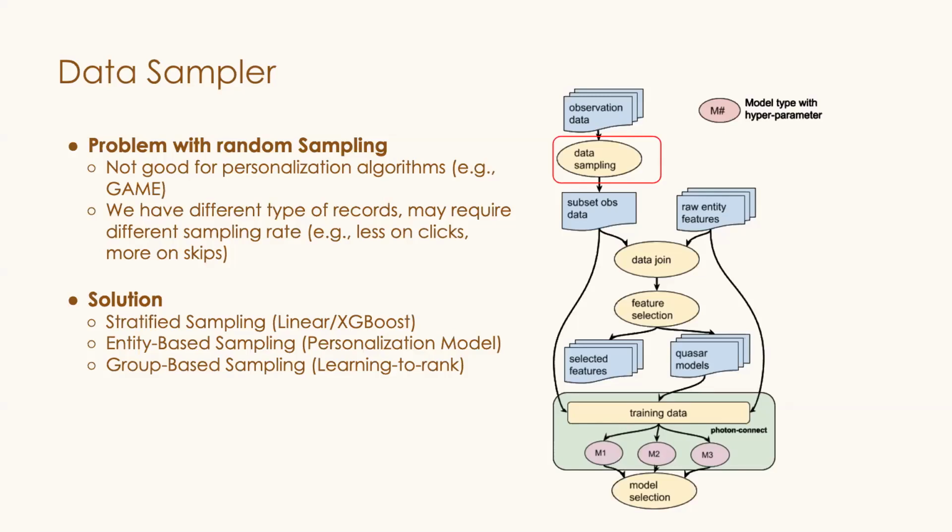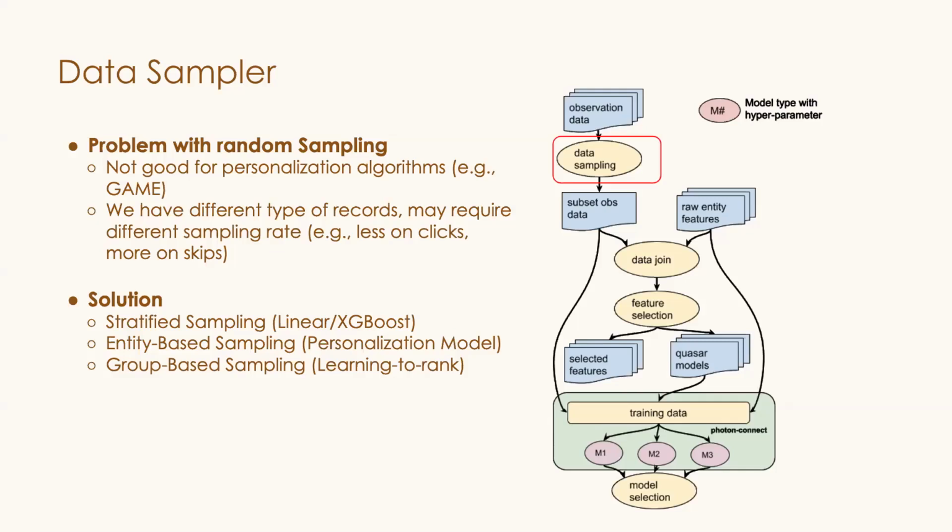there's no universal sampling strategy that works with all the algorithms that we're working with. So we have specialized sampling strategies for different problems. For example, we will use stratified sampling for regular solutions, where we will do a random sample based on each of the label types, for example.